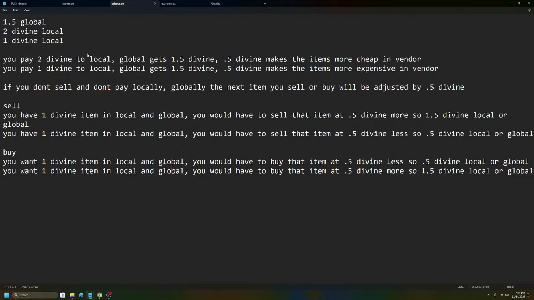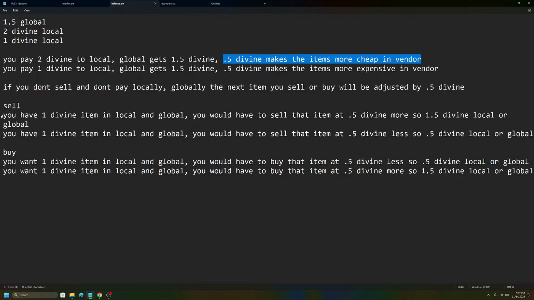So if you have a 2 divine vendor trade, but it's not in your vendor window, but it's on the global market, you pay the global person 1.5 divine, but the next trade you do is going to be 0.5 different.